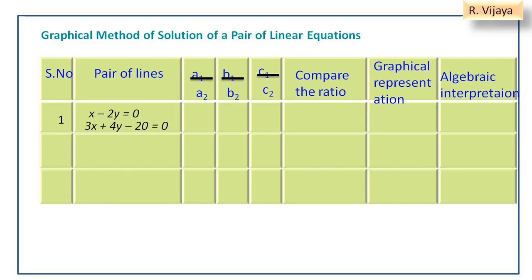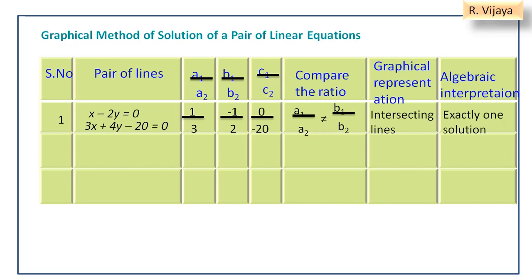Here we take the coefficients a1 by a2, b1 by b2 and c1 by c2. All the values are not equal, so the graphical representation should be intersecting lines. We know that if the graphical representation is intersecting lines, we have only one solution. This is the algebraic interpretation.